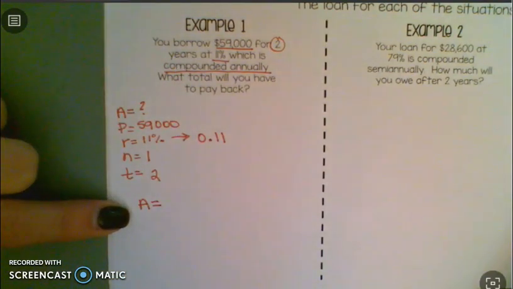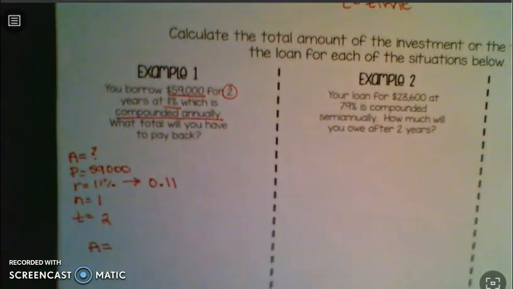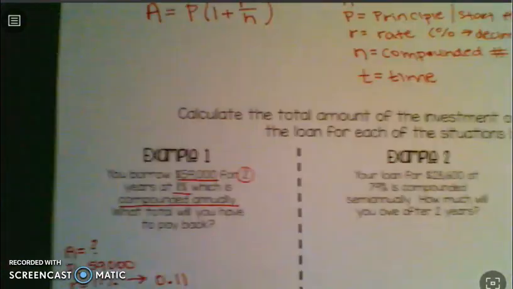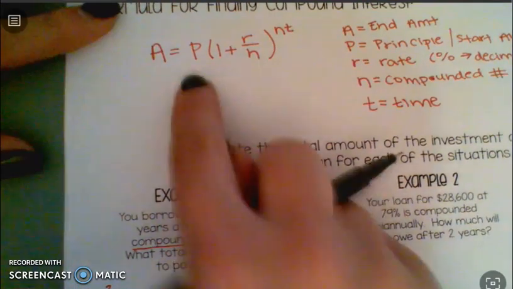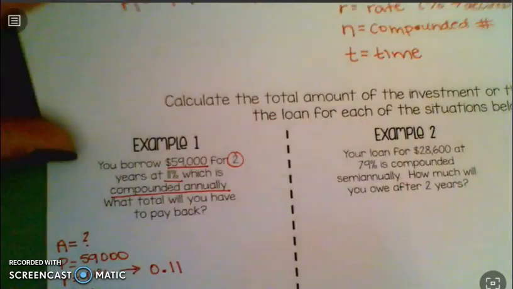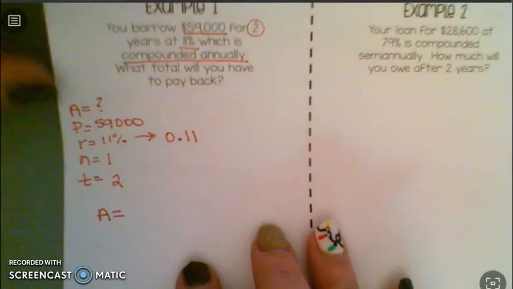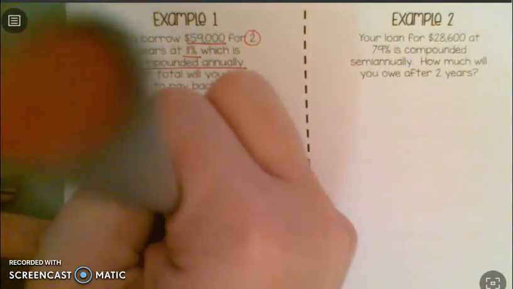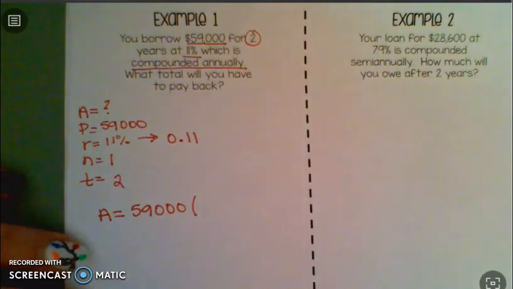So A is going to equal, if I can zoom out a little bit. Nope, too far up. That's okay. So we're using this formula. So we're going to do P first. So A is going to equal 59,000.